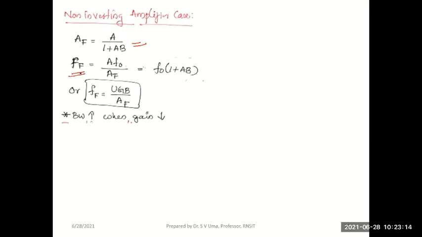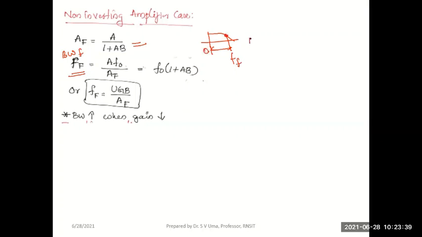Okay. And next, let us define the bandwidth. Either I can call it FF or you call it BWF. See why we are calling it FF? Because here when I talk about bandwidth, it's usually the difference between two frequencies. At this point we are calling the frequency FF and at this point it is 0.